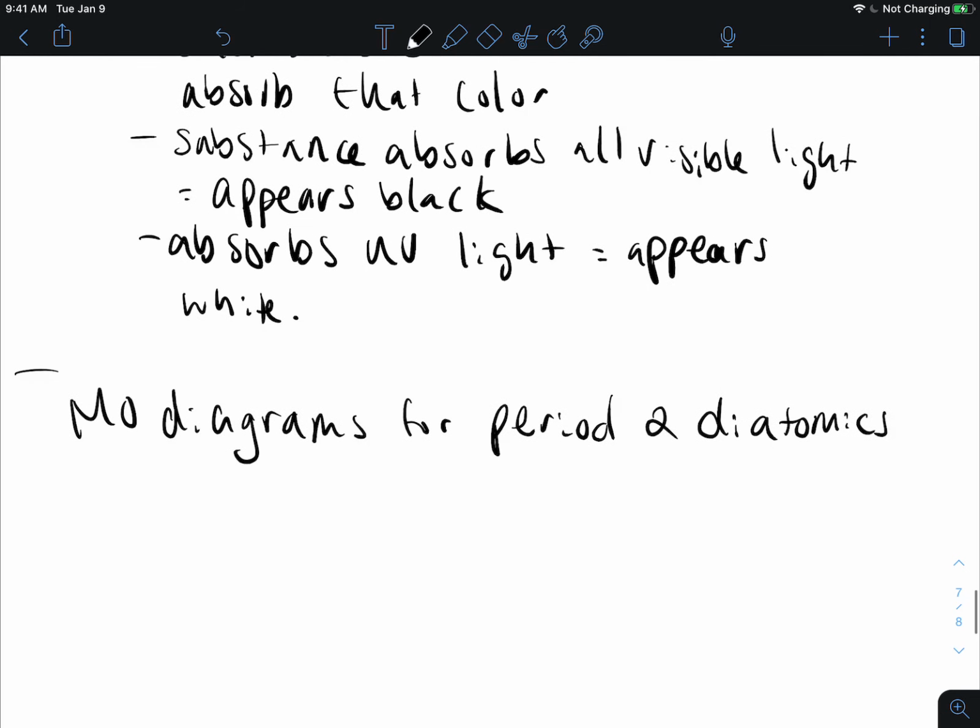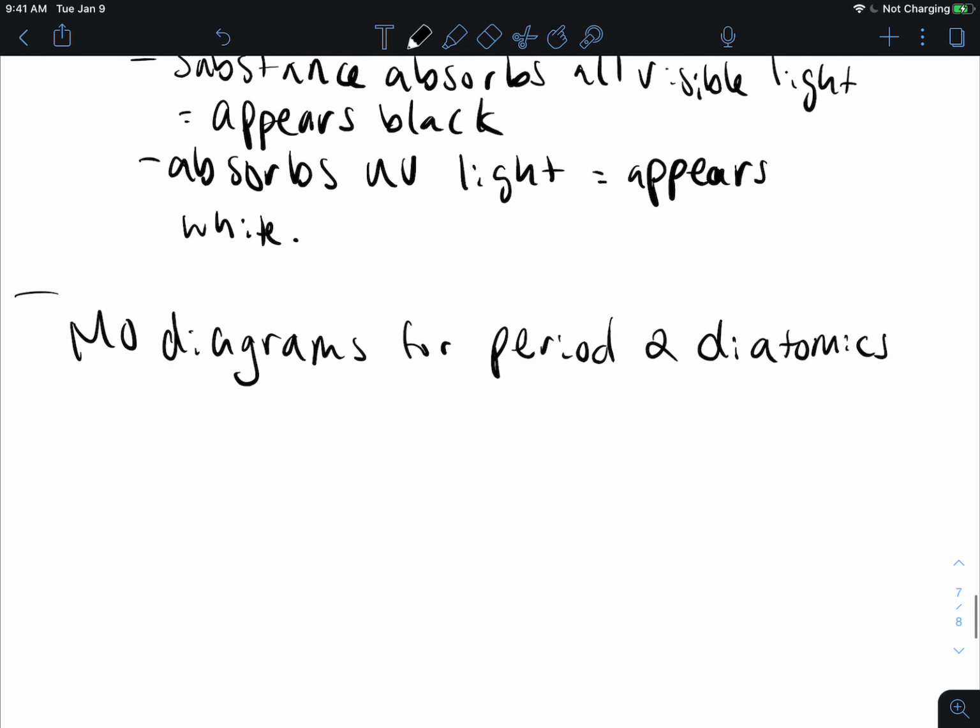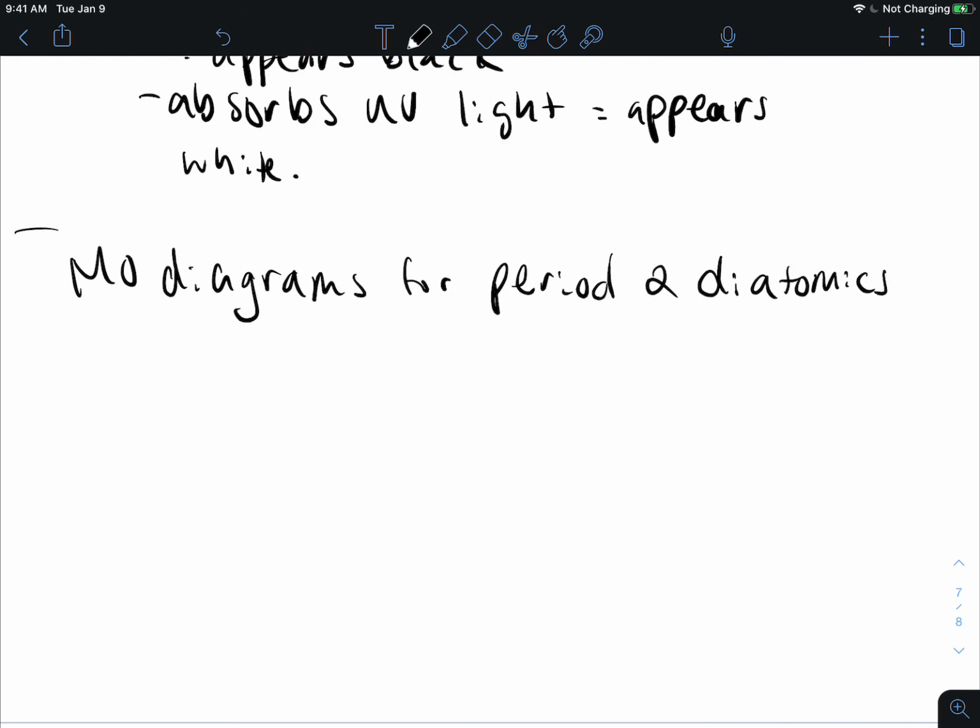When we have period 2 diatomics that produce a molecule, we look at molecular orbitals. Keep in mind, we're going to have atomic orbitals combining in the most efficient way with other atomic orbitals.